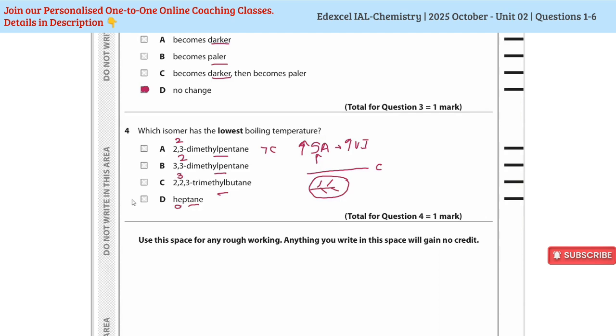Heptane does not have any. So the lowest surface area can be expected with 2,2,3-trimethylbutane. Therefore, the lowest van der Waals interactions and the lowest boiling point can be expected with 2,2,3-trimethylbutane, option C.